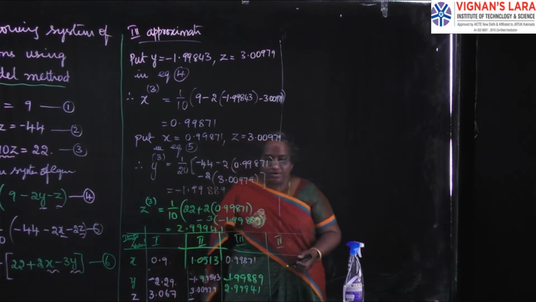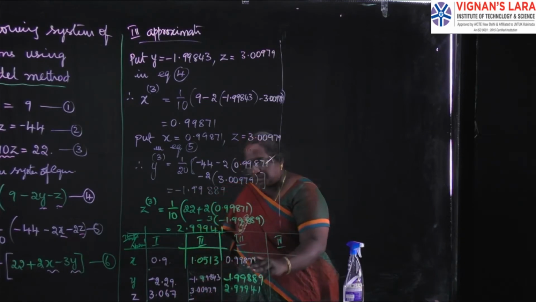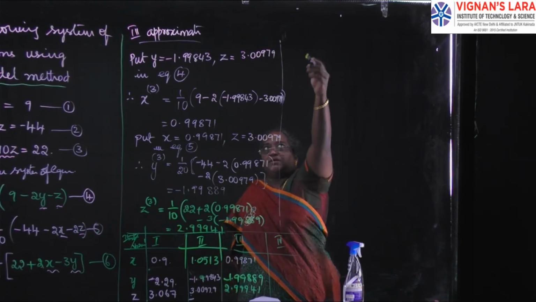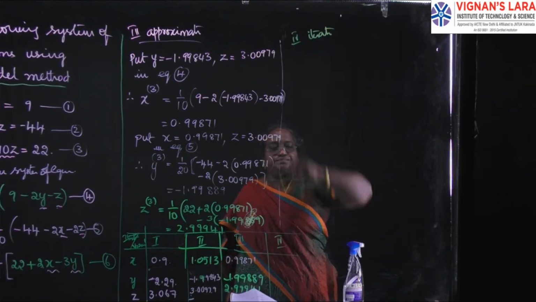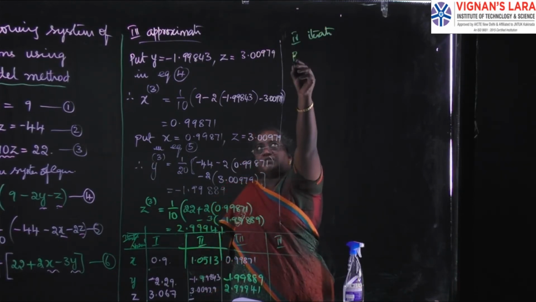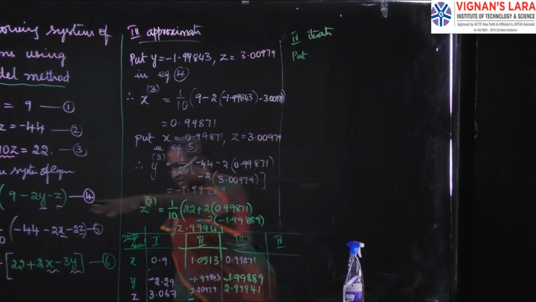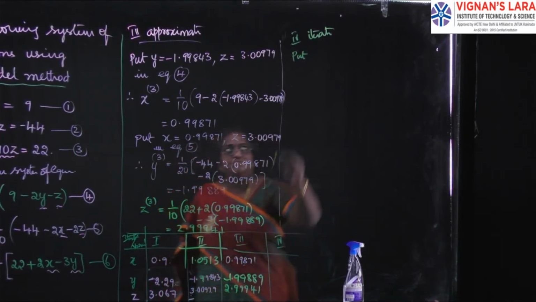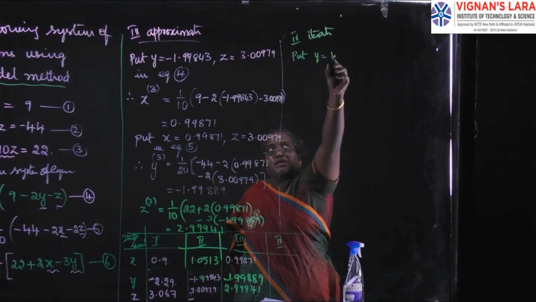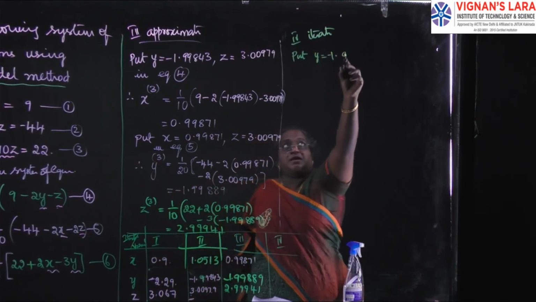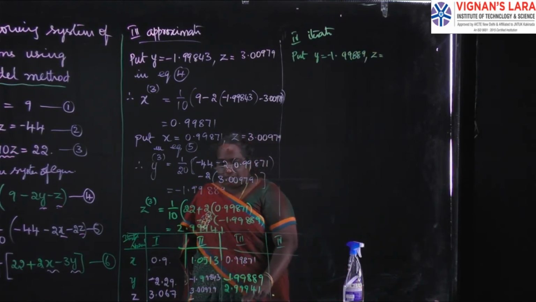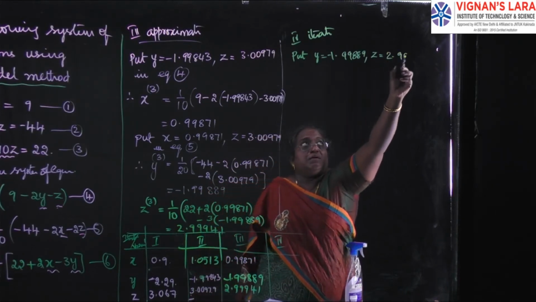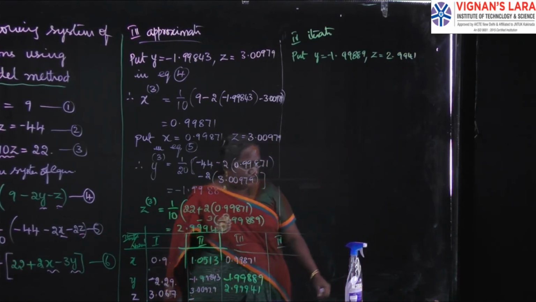So similarly, now we perform the fourth approximation. For the fourth approximation, these are the new values which we got. So fourth iteration. What is the value we have to put in order to get x, y and z? These two are the latest values of y and z. Put y is equal to minus 1.99889 and z is equal to 2.99941.